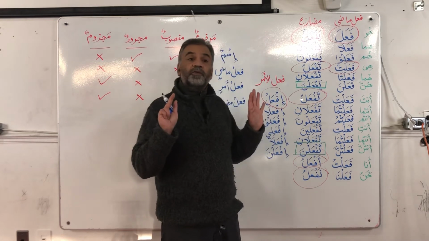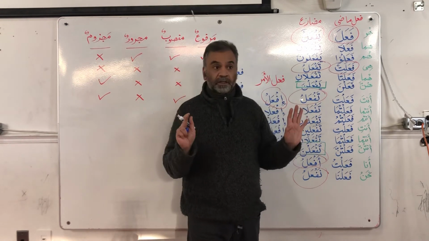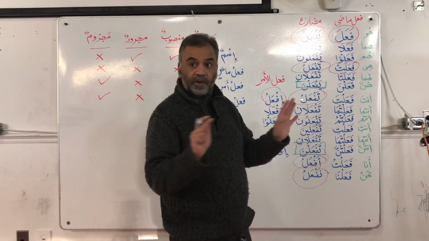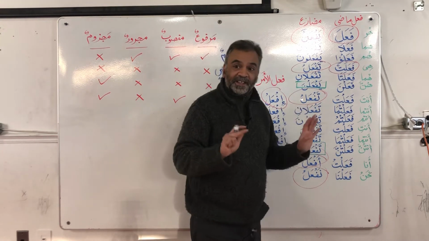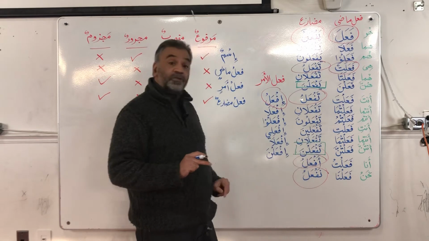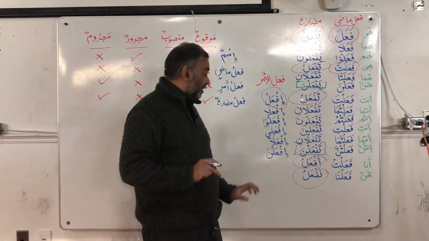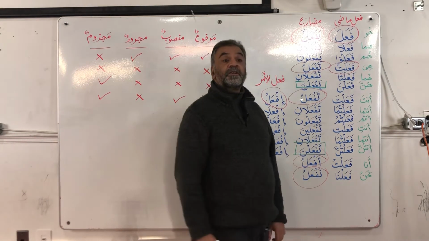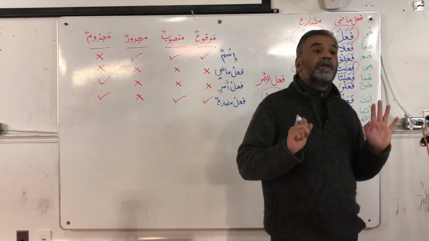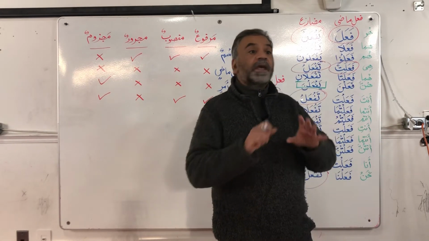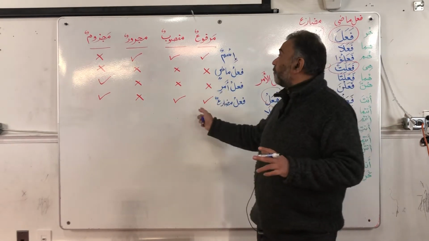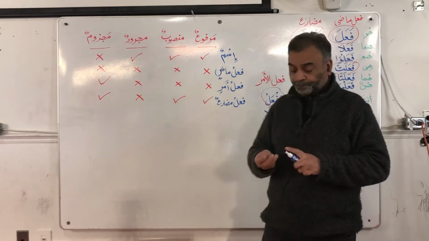We don't want to touch hunna and antunna. They are mabni. Af'alu, af'ala, af'al. Naf'alu, naf'ala, naf'al. Okay, they can never be majroor. They can be marfu, they can be mansub, they can be majzoom.